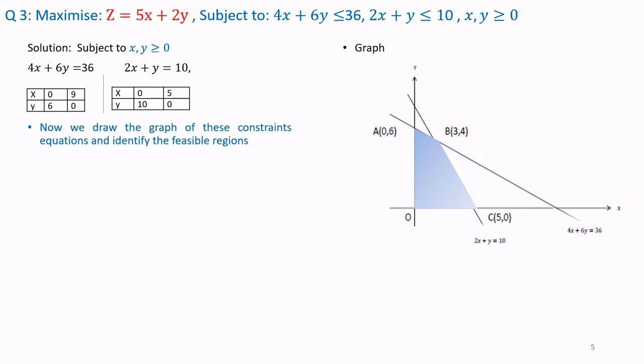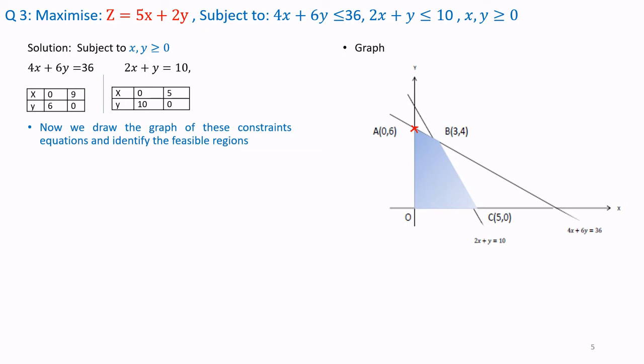So first you have to draw the graph of the line 4x plus 6y is equal to 36. The first point here is 0, 6. So when x is 0, y is 6. So y is 6 is this point. The next point in the table is 9, 0. So when x is 9, y is equal to 0.